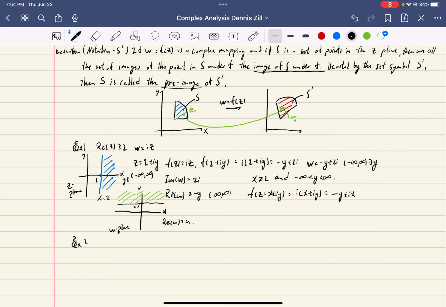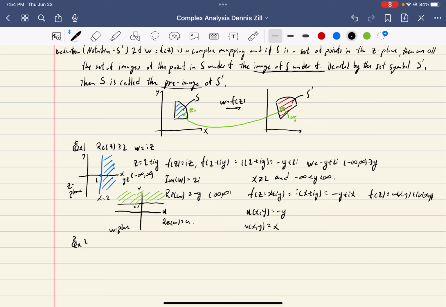And now if we decompose this, we know this f can be decomposed into u(x,y) plus i v(x,y), right? And we can just read it over here: u is equal to negative y, and v(x,y) is equal to x, right?